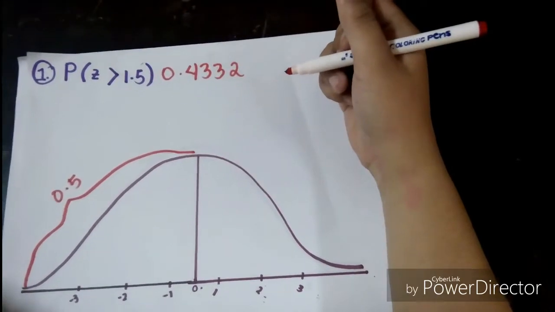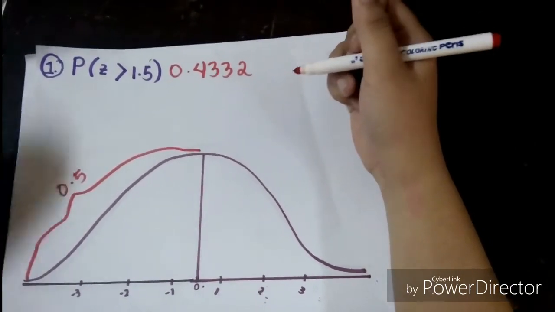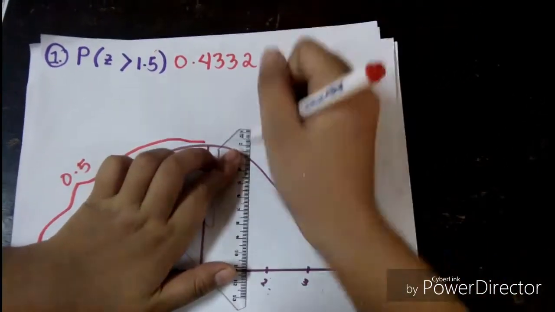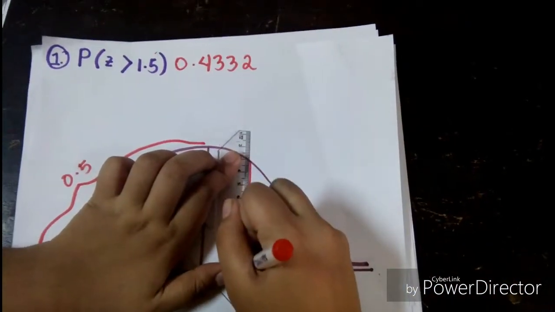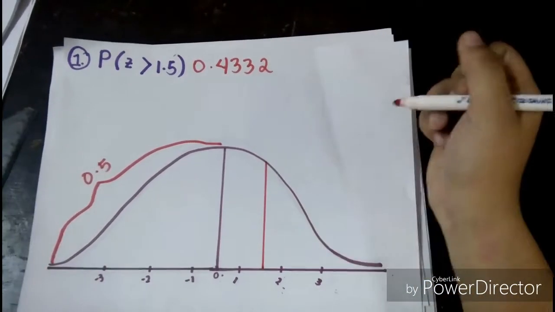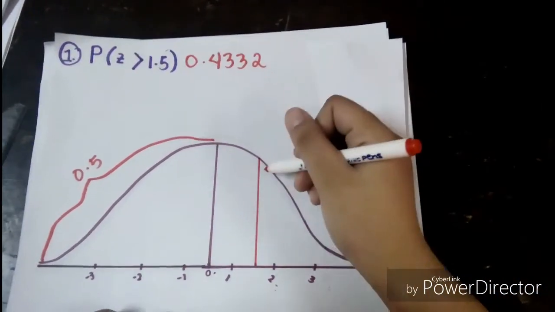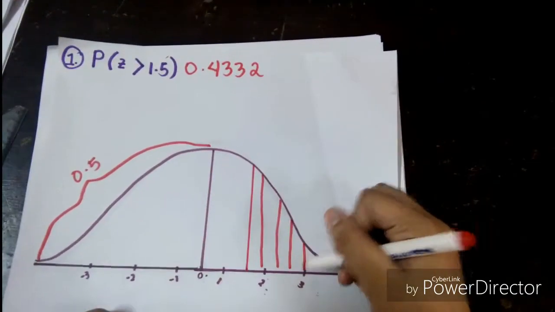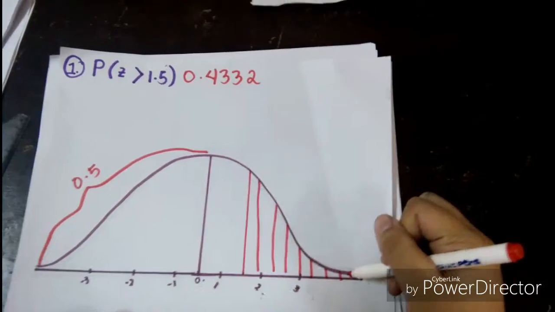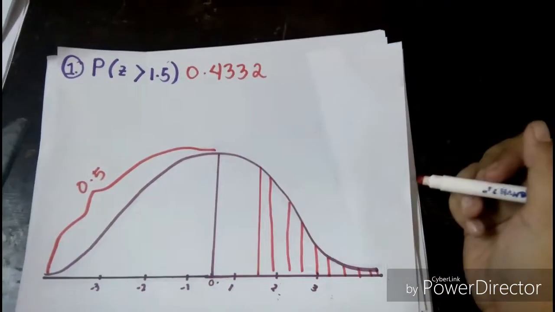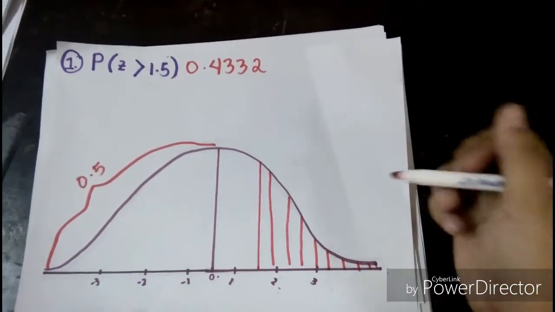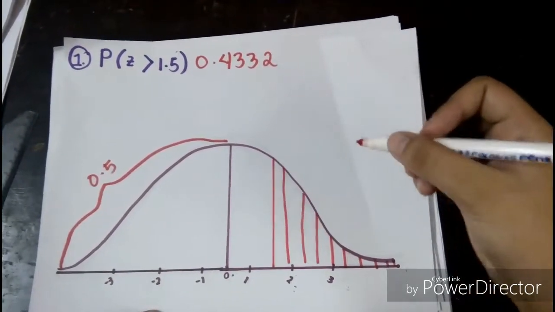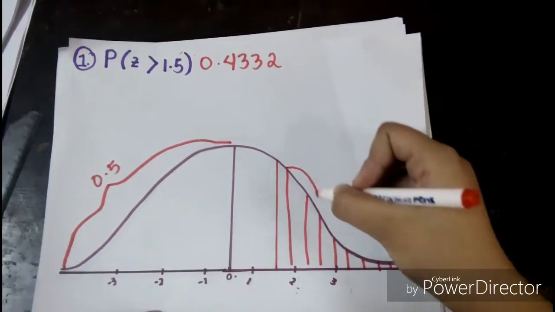We have to locate 1.5 on the normal curve and shade the right part of it, because the problem is when z is greater than 1.5. The shaded part will be 0.4332.